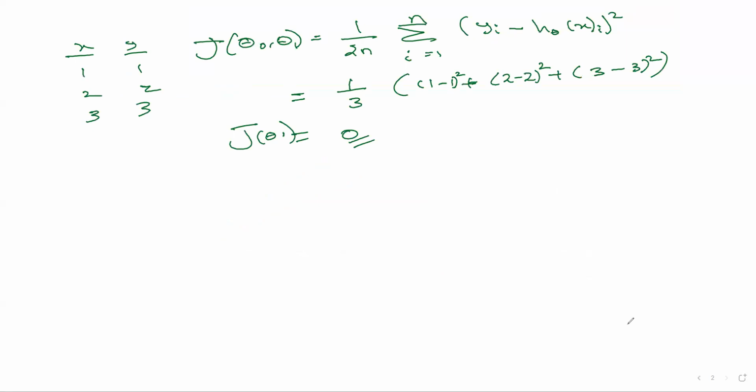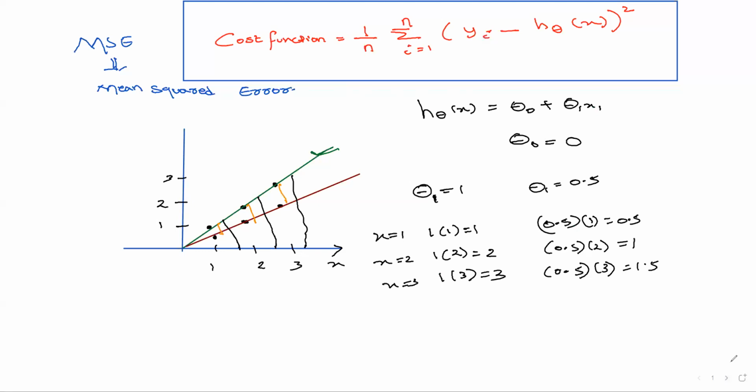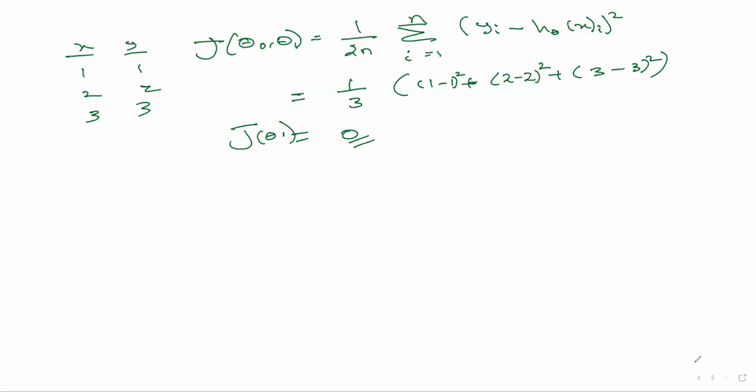Now the first point is 0. Similarly, let's go for the second line. Here first of all we are calculating this part, then let's calculate the next part.